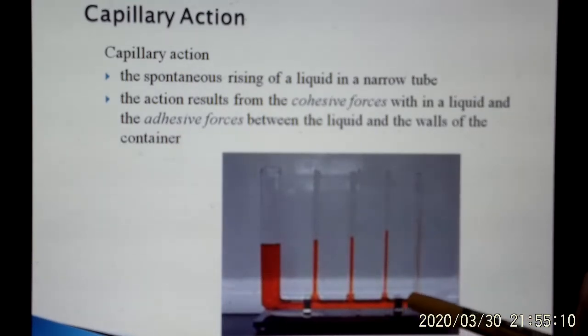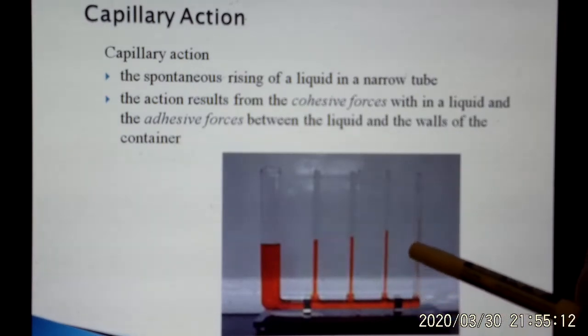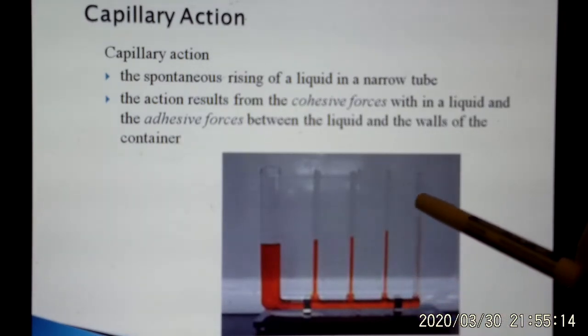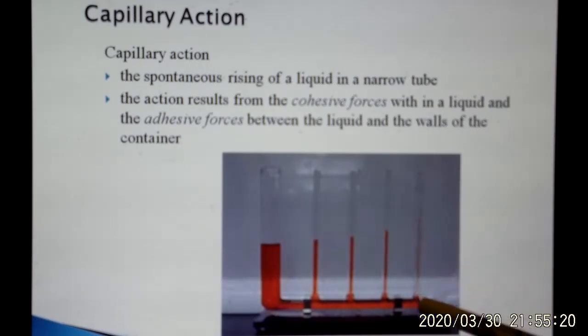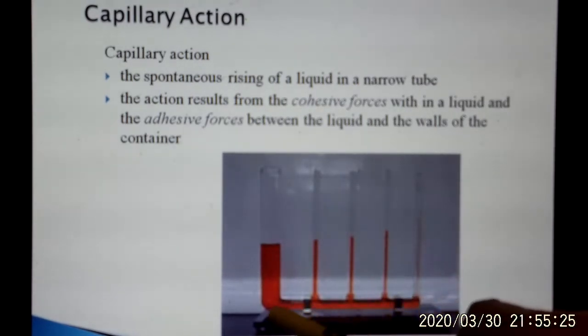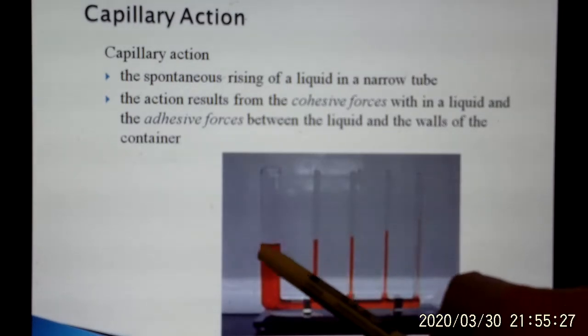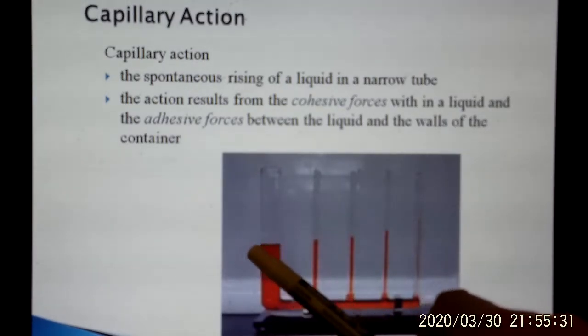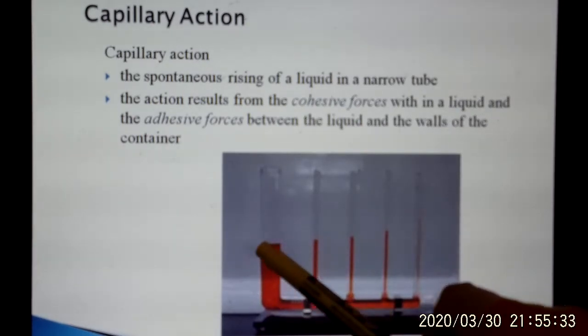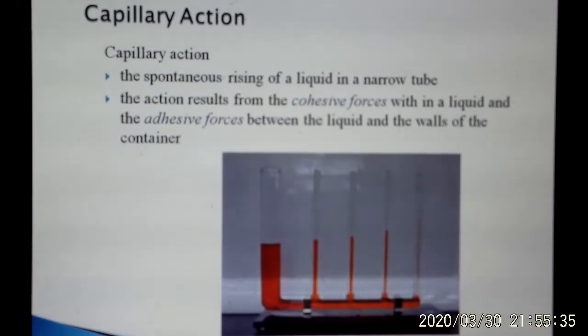So with a narrow tube, I can go up higher, increasing the adhesive force of attraction, and this compensates for the gravity pulling it down. Whereas when it's a thick, large diameter tube, there's not a lot of adhesion because it's just this small area there, before it becomes too massive to climb any higher.